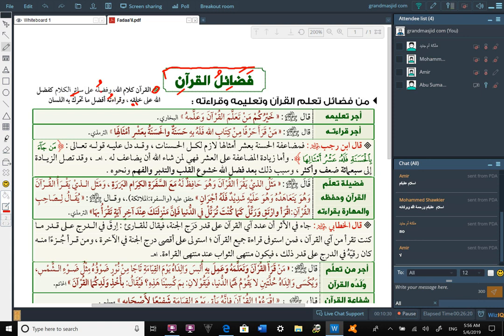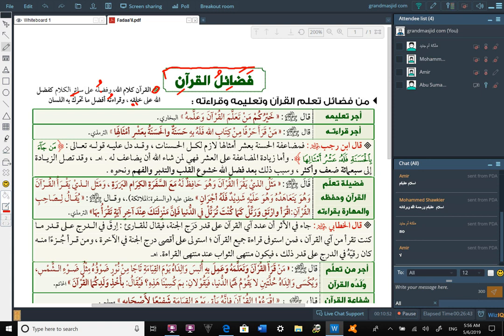afdalu, is more virtuous. This is called ismu tafdil, where you make something bigger, like we have the word kabir and we change it to akbar. Here we have fadl or fadila, we change it to afdal. Qira'atuhu afdalu, it is the best.